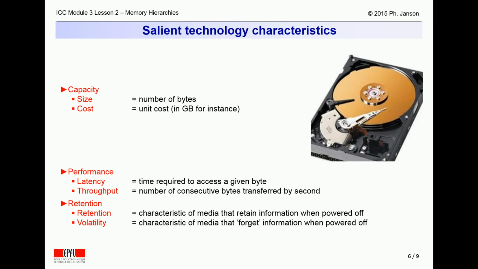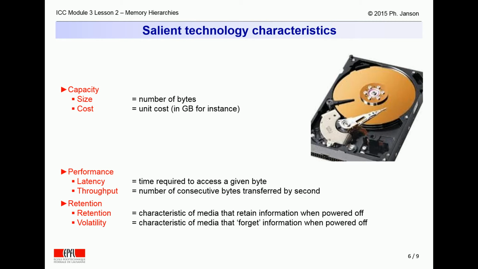All such memory and storage technologies are characterized by three main properties: their capacity, their performance, and their retention ability. Their capacity is in turn characterized by how many bytes, more often kilobytes or today gigabytes, a typical device of that technology can contain, and what the unit cost of that technology is per gigabyte.